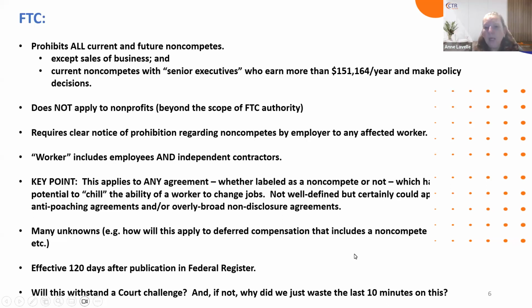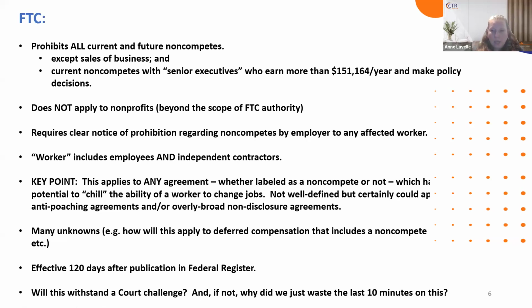We don't know. But we know now that we're not going to be able to have anti-poaching. We're not going to be able to have non-competes. And we need to make sure our NDAs, our non-disclosure agreements, and our non-solicitations are narrowly tailored so that it won't keep me out of the workforce if I leave you.